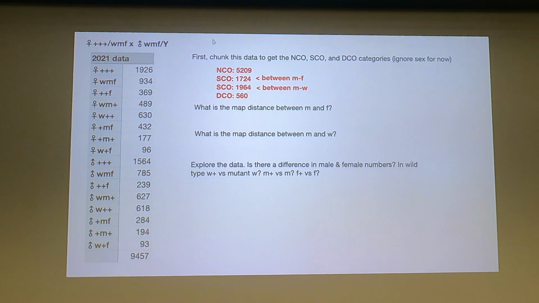So we got a bunch of numbers here. And then I would ask you, okay, what's the distance between miniature and forked? And you can get all that just from these data here.